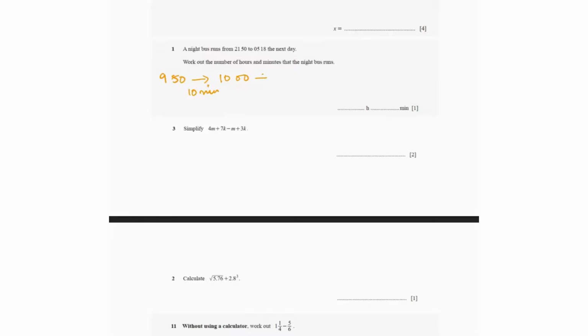Then from 10, we go to 11, and then we go to 12. So the new day has started now. Then it's 5 hours from 12 to 5 because we are stopping at 5:18 the next day, and then it's 18 minutes more. So we have 1 hour over here, 1 hour over here, 5 hours over here, and then 18 minutes. So that's 1, 2, 3, 4, 5, 7 hours and 28 minutes.